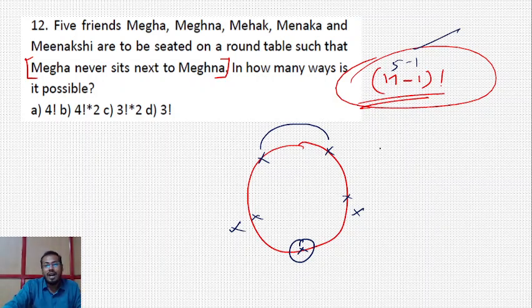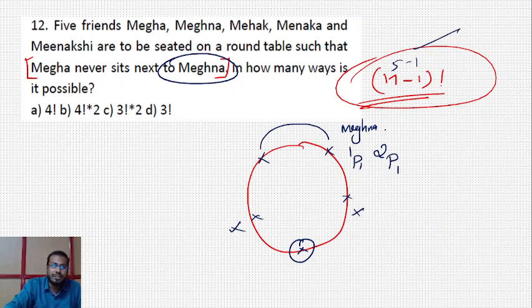Out of these 2 chairs, Megha will select any one. Before that, I had placed Meghna, right? So I will write 1P1 for Meghna, and 2P1 for Megha, because out of these 2, Megha will select any one.